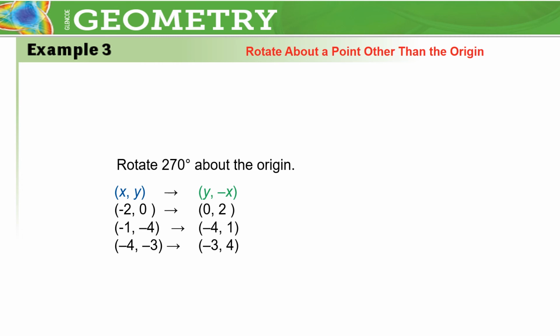In the same way, negative 1 will be 1. Then interchange, yes, negative 4, 1. Third point, negative 4, negative 3. Okay, negative 4 times negative 1 will be 4. Interchange the points, will be negative 3, 4.